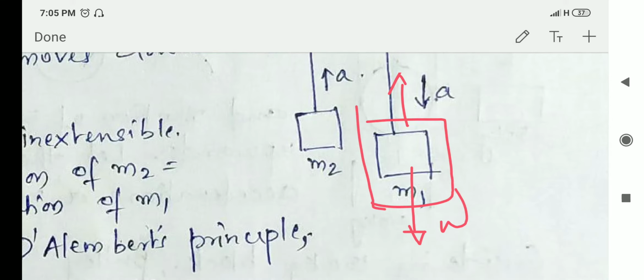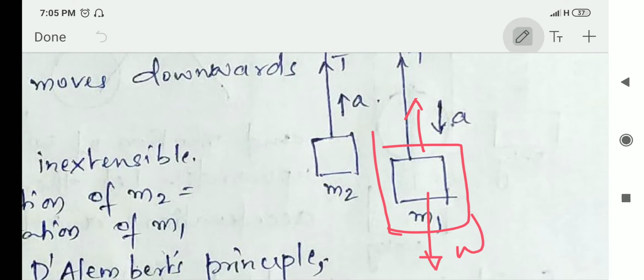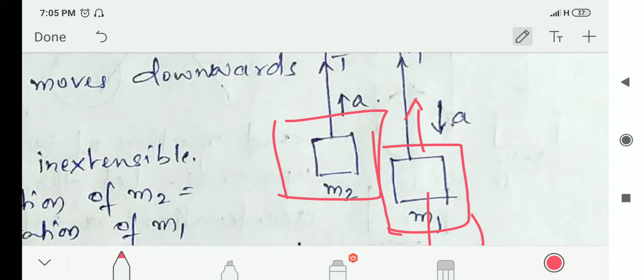And similarly for M2, how can we write? For M2 also, weight is acting downwards, tension is acting upwards. The tensions on the left hand and right hand side are the same, and the acceleration is also the same in this case. So T minus W2 equal to M2 into a, right?